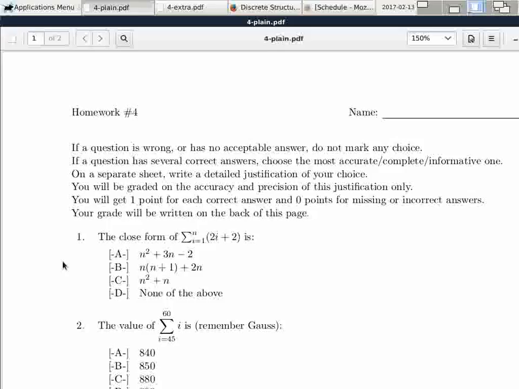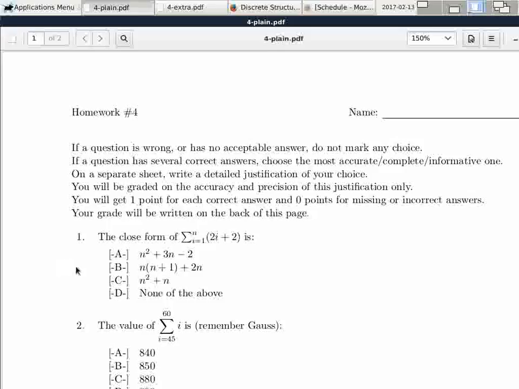First problem, this is the summation, the one we have been doing so far, and I'm asking you those 4, and I give you some possibilities. You have to pick which one is the correct one. So far so good? No surprises?